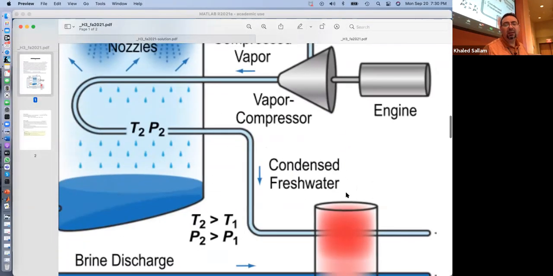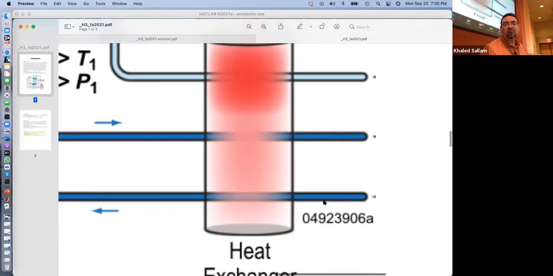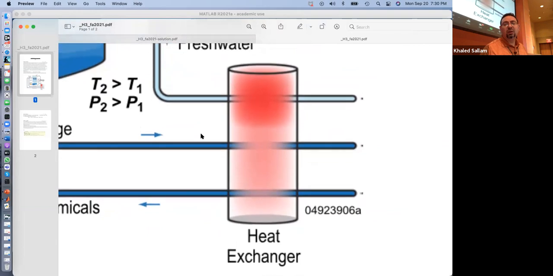Did we see this before? A heat exchanger where liquid or stuff is moving, hot stuff moving out and cold stuff coming in. Did we see this before? Where?